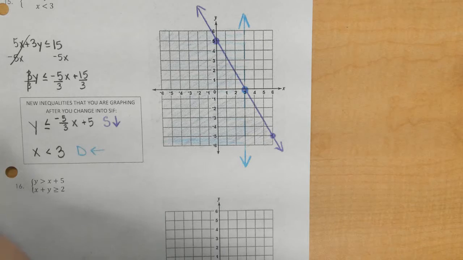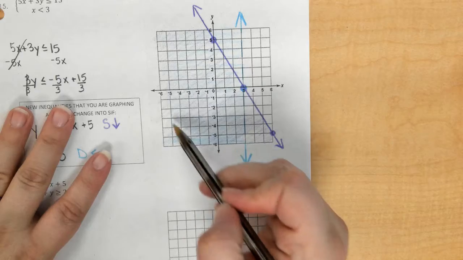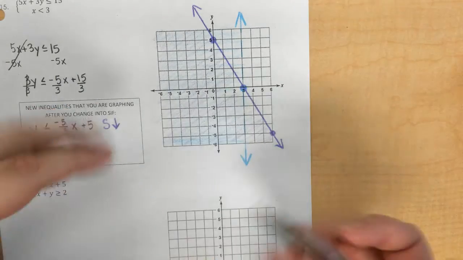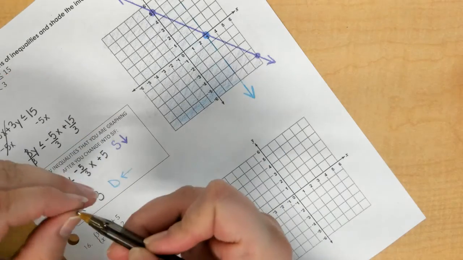So I'm going to take a different color. I'm just going to take this green, and I'm going to shade the section that's the intersection of both colors a darker color.